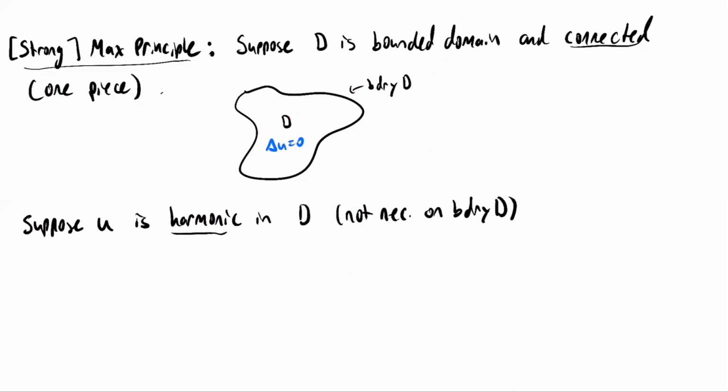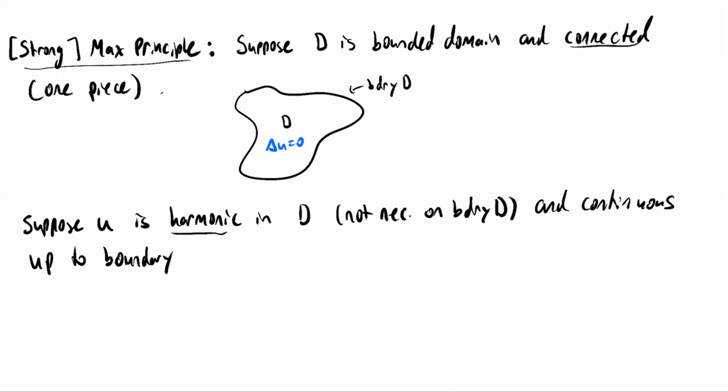However, in order for this theorem to work, we do need a technical assumption about the behavior on the boundary as well. It's enough to assume that the function u is continuous up to the boundary. So suppose u is harmonic in the domain D and continuous up to the boundary. What do I mean by continuous up to the boundary?